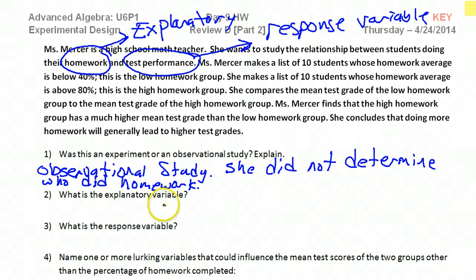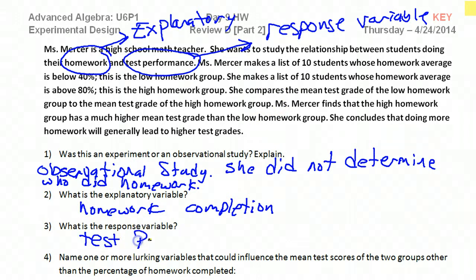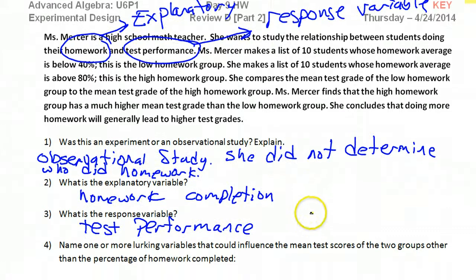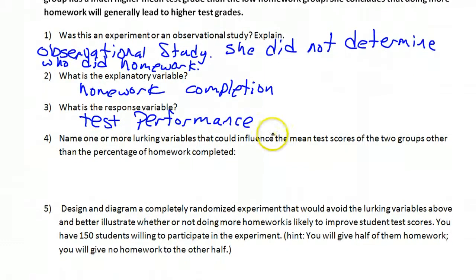So the explanatory variable is homework completion. And the response variable is test performance.